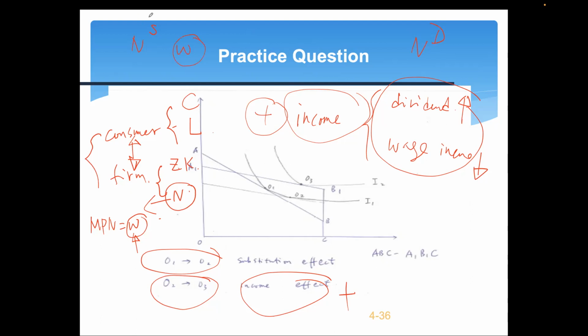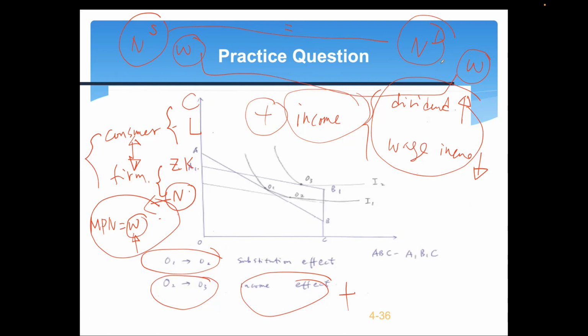Wage change is going to change the labor supply. For firms, we already know the labor demand is determined by wage as well. And then in equilibrium, these two must equal each other. Supply must equal demand, and that immediately will give us the wage. So we will discuss this in detail in a future lecture.